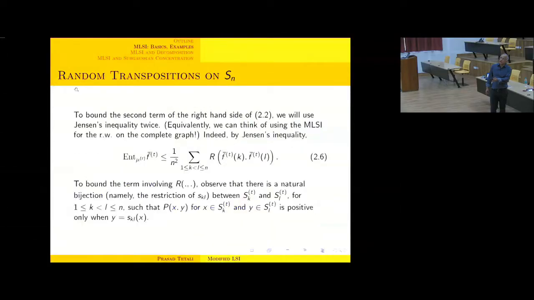What I want to say is, here I'm looking at R of f bar t,k and f bar t,l. This is an average over the kth piece, and this is an average over the lth piece. So I would like to take the average out. And here there's a natural bijection between this and that, and that's precisely by swapping. Remember, the little s was swapping k and l.